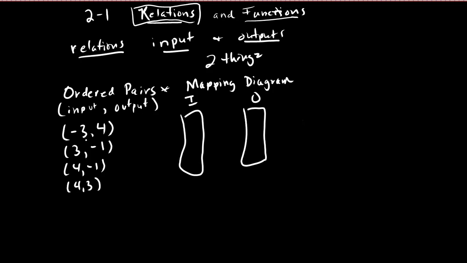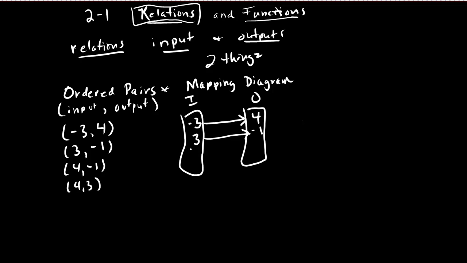So using our numbers here, our input is 3, our output is 4, so that's paired with that one. Then 3 and -1. We use the arrows to show how each pair works.